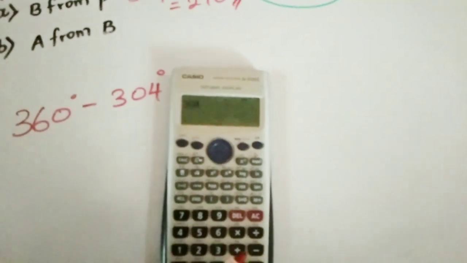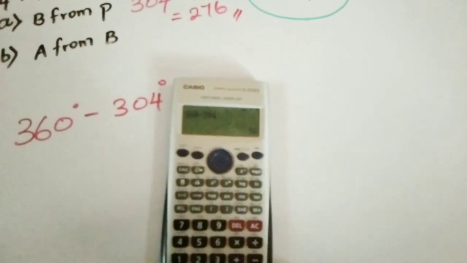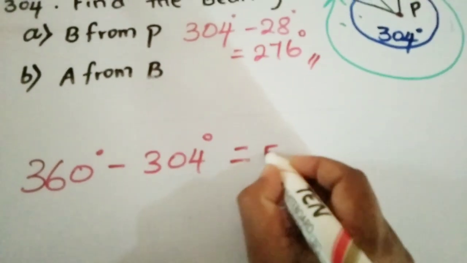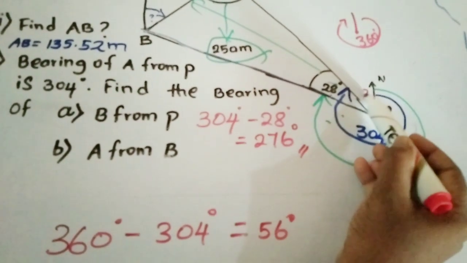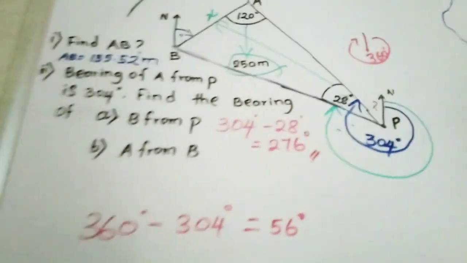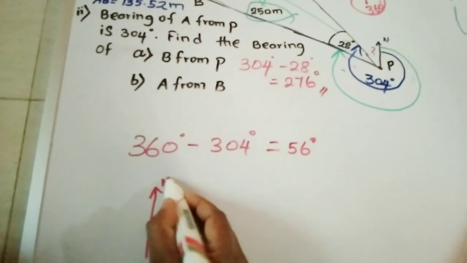Let's calculate it. 360 minus 304 is equal to 56. So this unknown angle is 56.